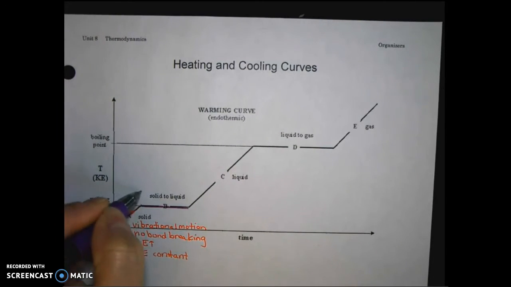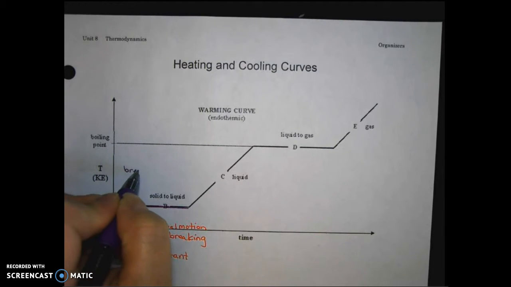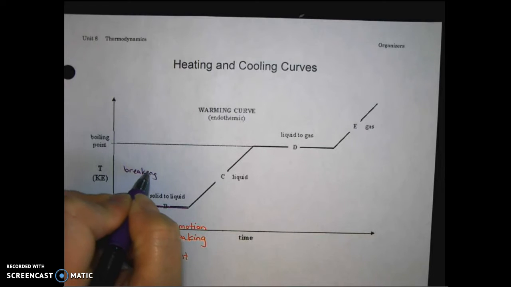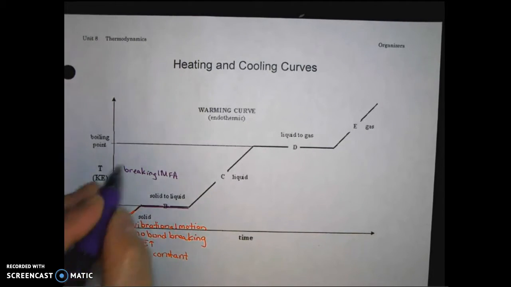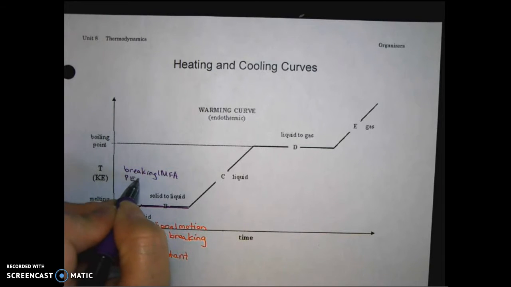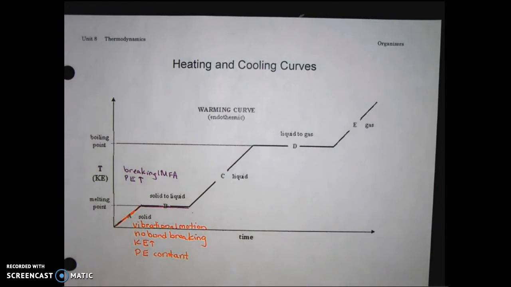And so what's happening at this point? We're breaking bonds, we're breaking IMFAs, which means our potential energy is changing. Potential energy is rising as we go from left to right on the plateau. So potential energy is stored energy.